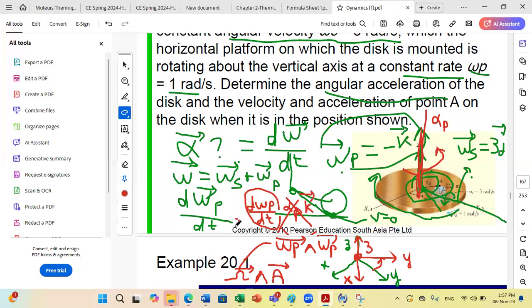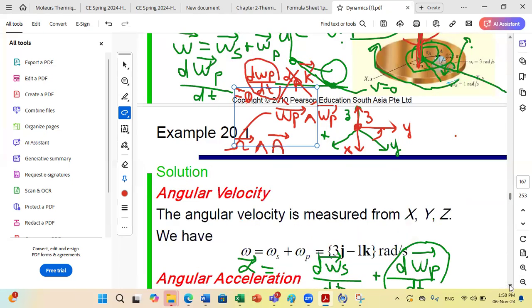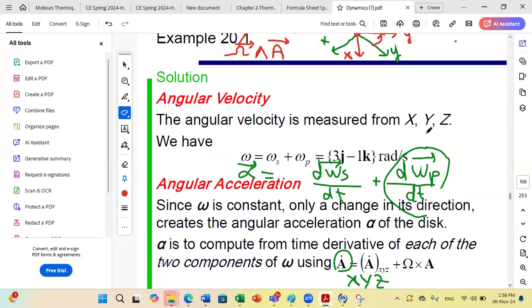So if you do it using the formula, or using some interpretation, you will get that it's 0 because omega p is a vector fixed in magnitude and fixed in direction. So its derivative in the absolute frame, of course, will be 0. Now, we still have the second term. We still have to derive omega s. So alpha, this term is 0, and we just have to evaluate the derivative of omega s with respect to time. And as we said, here we'll use the formula.